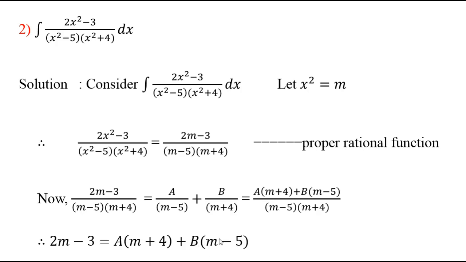Once I put m is equal to 5 here, this 5 minus 5, that means this coefficient of b will vanish and this second term will vanish, and I can find the value of a.